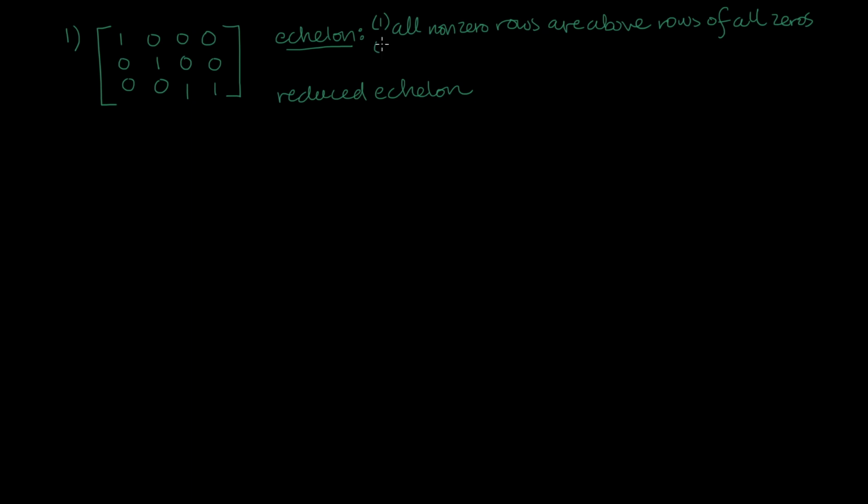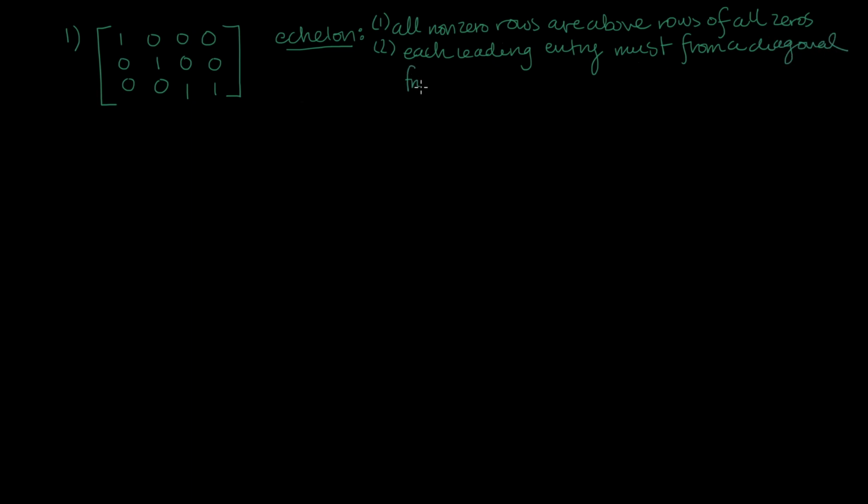The other qualification for echelon form is that each leading entry must form a diagonal from left to right, top to bottom.